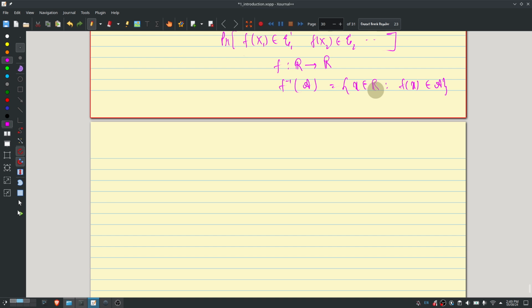Even if f is not an invertible function, it need not be 1-to-1, it need not be onto, doesn't matter, right? This quantity is still well defined.